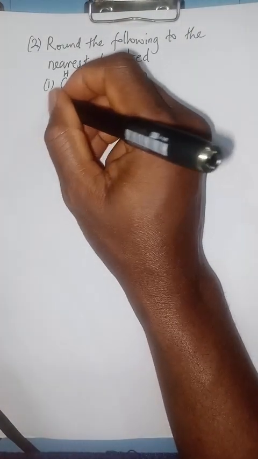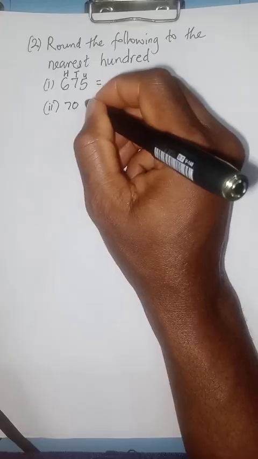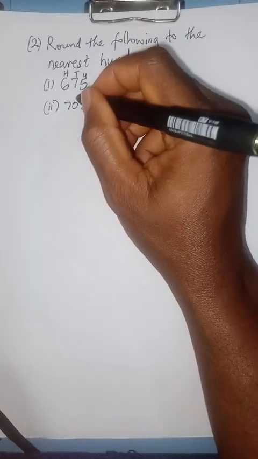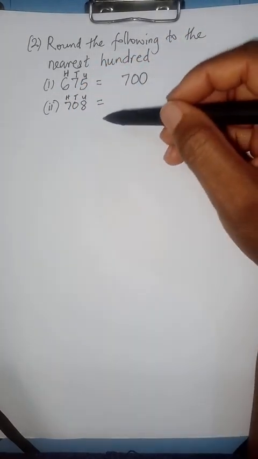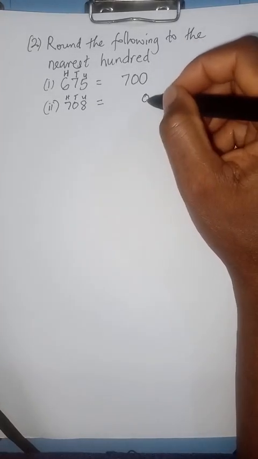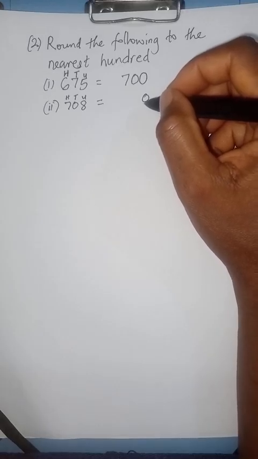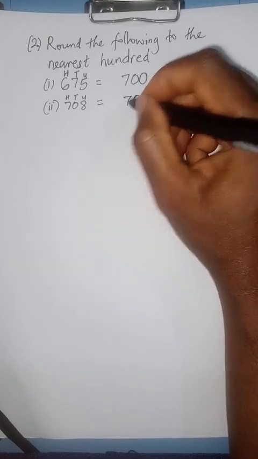So let's go to Roman figure 2. I have 708. This is my unit, my tens, and my 100. Now focus, convert the unit to 0. Our focus will be the 100 and the tens. The tens is 0. So I'm rounding down. Simply means 0, 7.